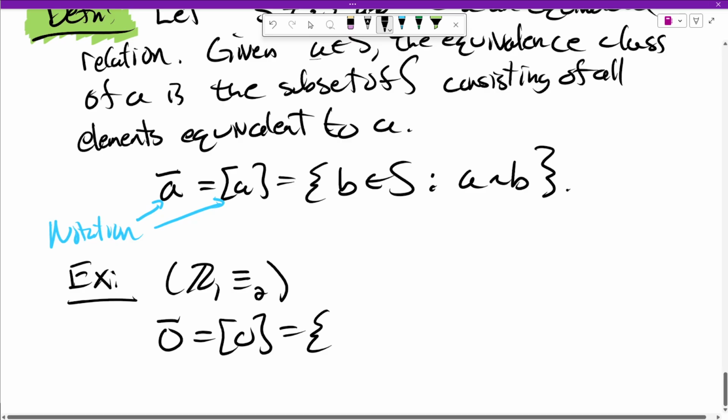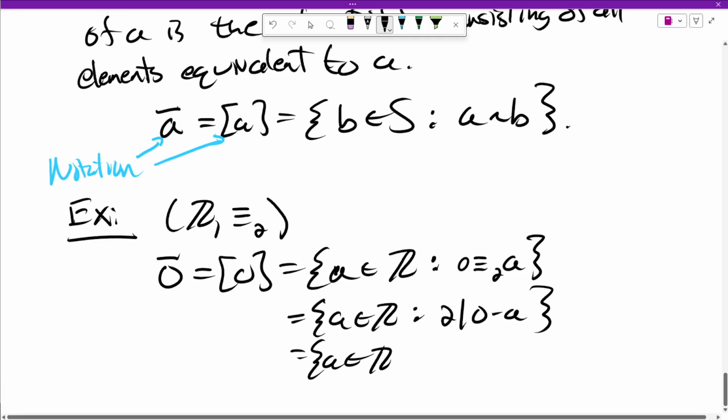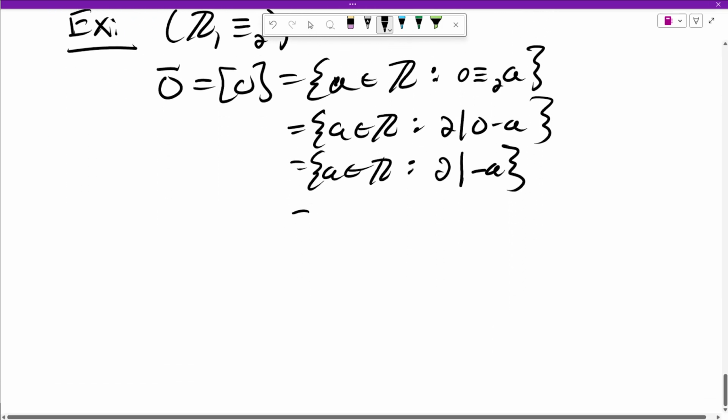It's the collection of all A's in Z such that 0 is equivalent mod 2 to A. Let's unravel that: the collection of A's in Z such that 2 divides 0 minus A, so 2 divides negative A. But if 2 divides negative A, that's the same as 2 dividing A. I picked an unfortunate order here. So that's the collection of A's in Z such that 2 divides A.